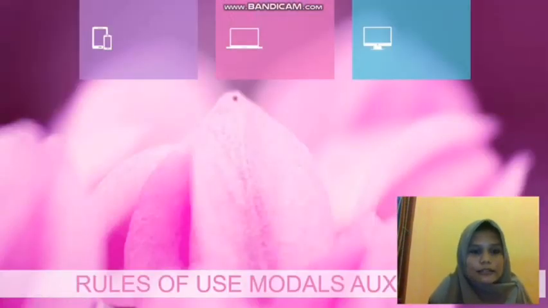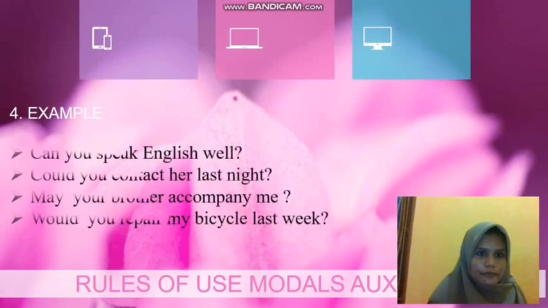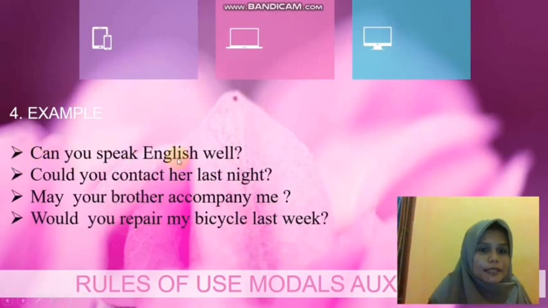Next, the fourth rule of use of modal auxiliary is the interrogative. The interrogative sentence is formed by placing the modal auxiliary in front of the sentence. The examples are: "Can you speak English well?"